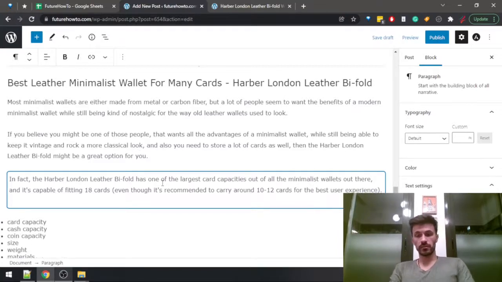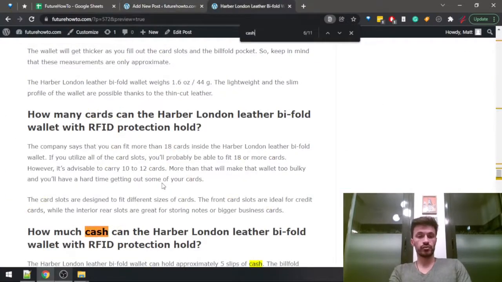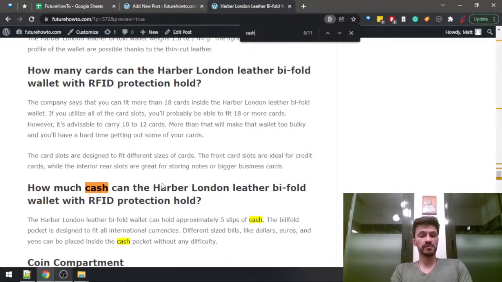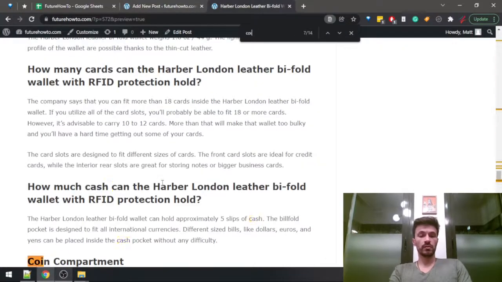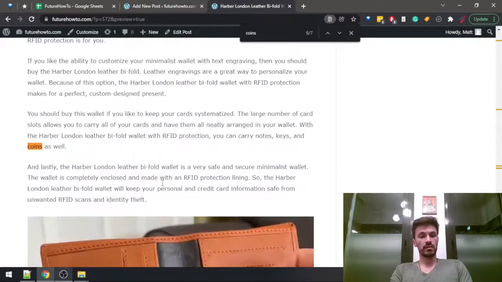Okay, there we go. It's beautiful. Cash: five slips of cash. Also, the wallet can fit around five cash bills. Coins. Oh, it has coins.